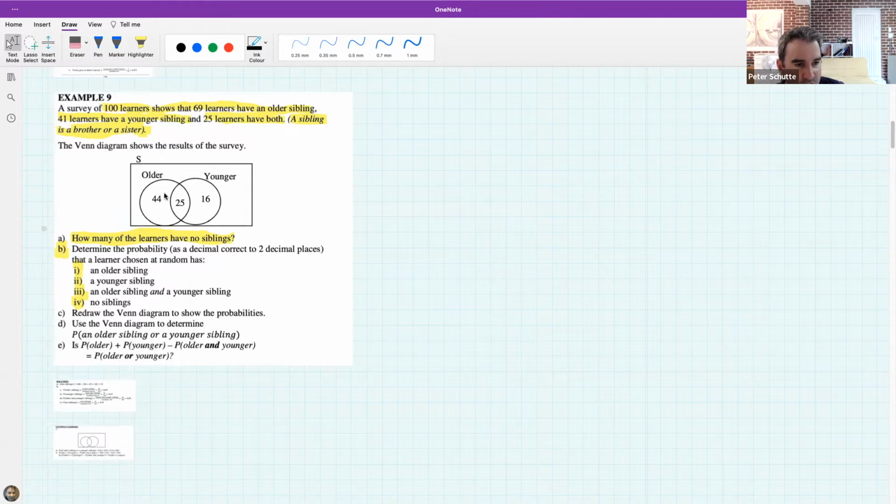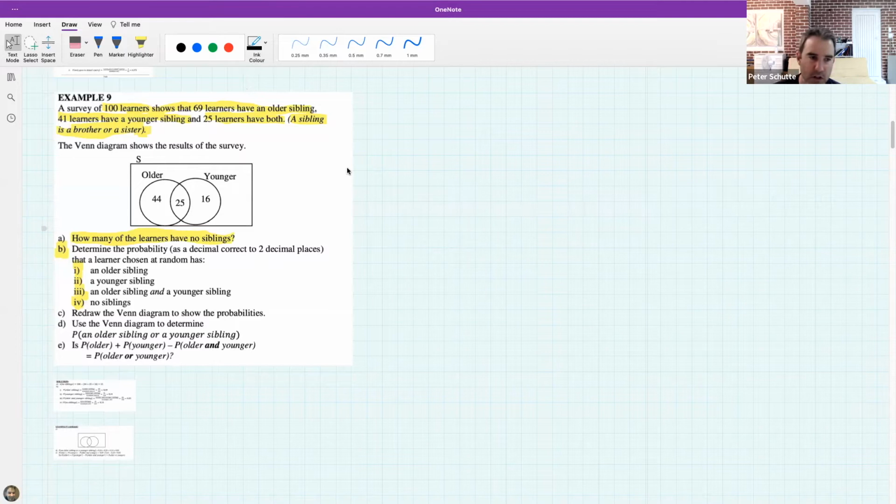And what we notice is that the older sibling circle has 44 plus 25, which does give 69. But there are 25 students who have both an older sibling and a younger sibling, so they're in the intersection. It's a bit sneaky like that. Okay, thank you, sir. Perfect.